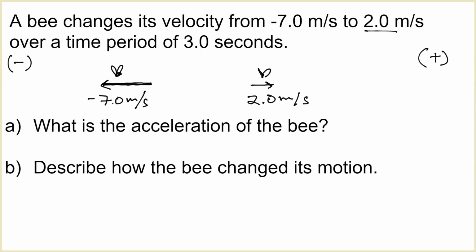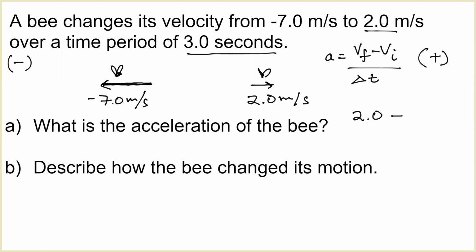Here's our little bee. To find the acceleration of the bee, we need to do a formula. Again, this happened over a time period of 3 seconds. So our acceleration is going to be equal to our velocity final minus our velocity initial, all divided by our change in time. Our final velocity is 2 meters per second.